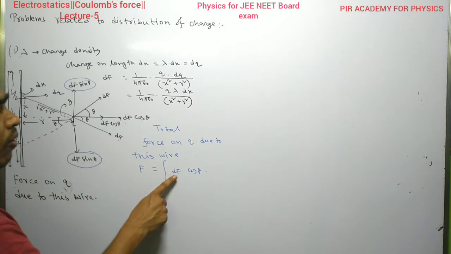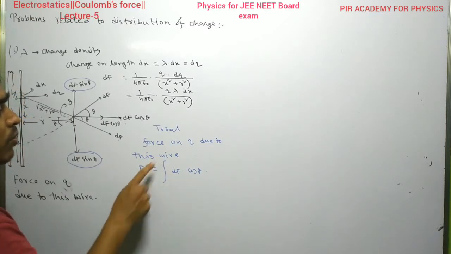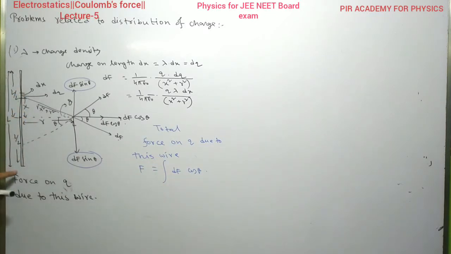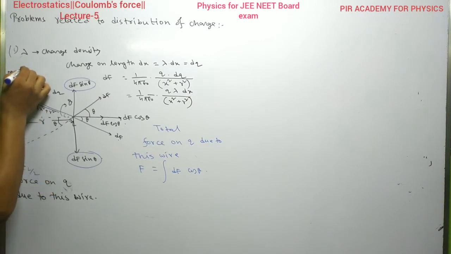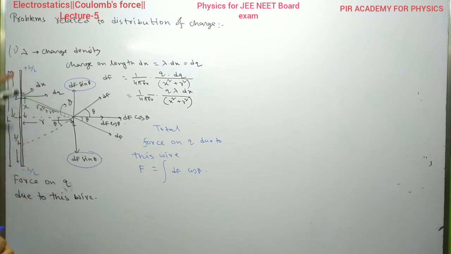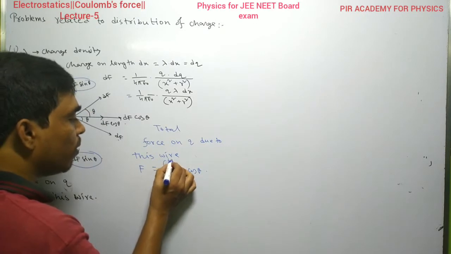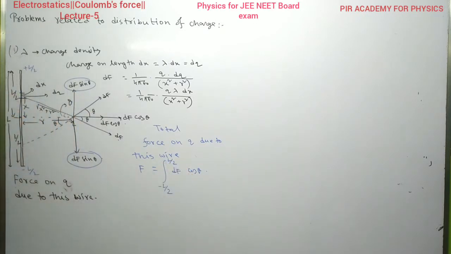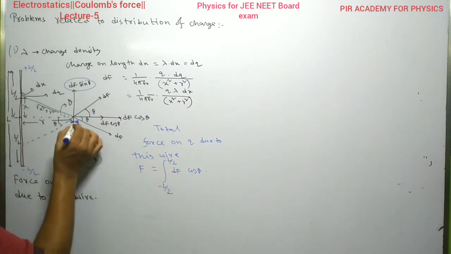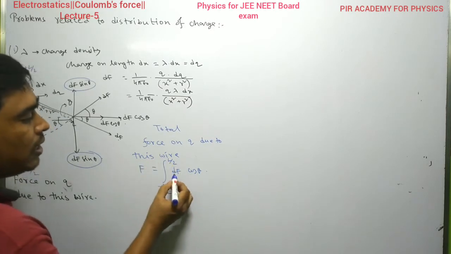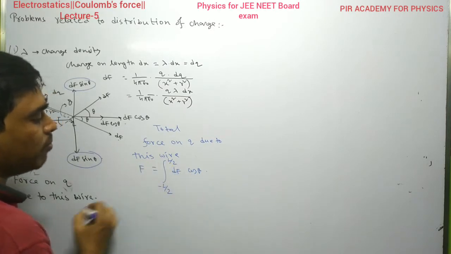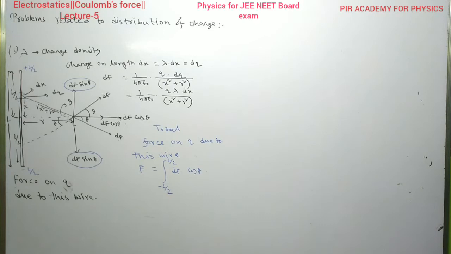If I take only dF cos theta, the limit will be, here is L by 2, that means here minus L by 2, and here will be plus L by 2. So the total, the difference, will be L. So if I take the limit minus L by 2 to plus L by 2, then the total force on Q can be calculated as the integral of dF cos theta with limits minus L by 2 to plus L by 2.